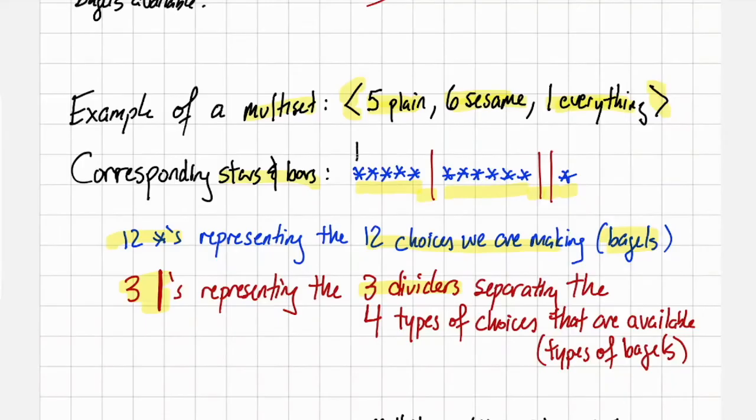All of the stars before the first bar correspond to plain bagels. All of the stars between the first and the second bar correspond to sesame bagels. All of the stars between the second and the third bars correspond to poppy bagels, and we decided to not choose any poppy bagels. All of the stars after the last bar correspond to everything bagels.